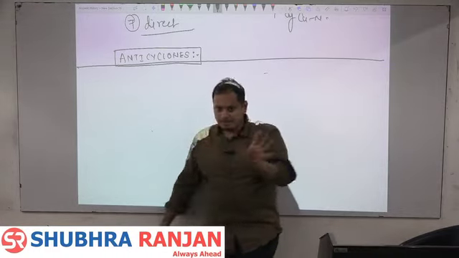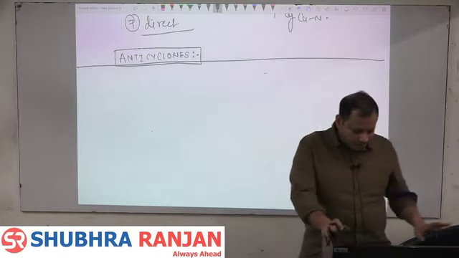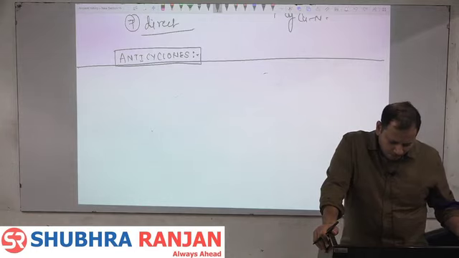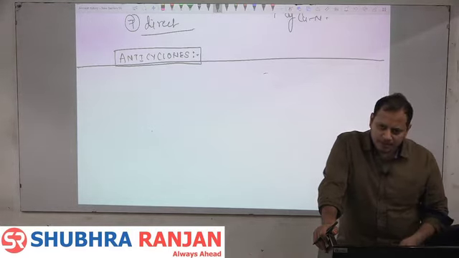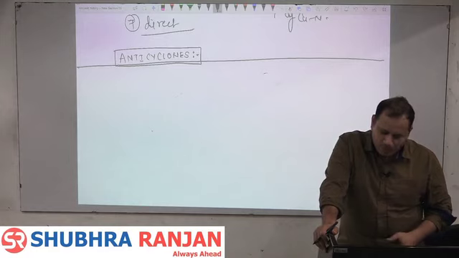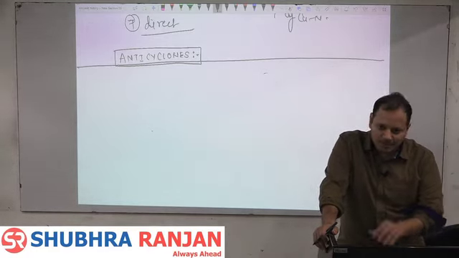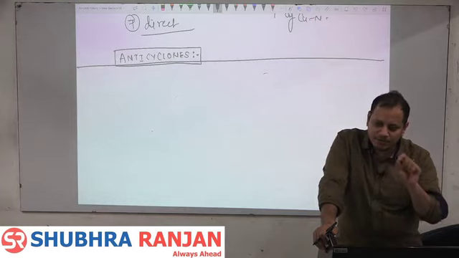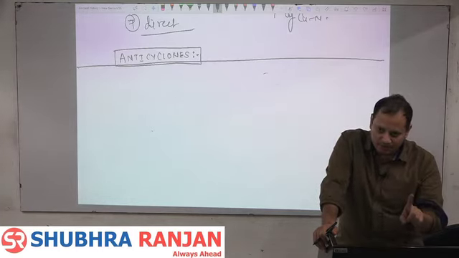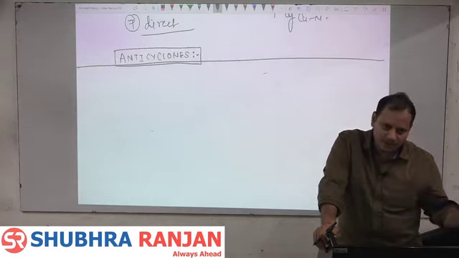Any doubts in the comparison? Any point I missed in difference that you know? Everything you knew, you have to work only on structuring. Fine? Learn to structure the answer.